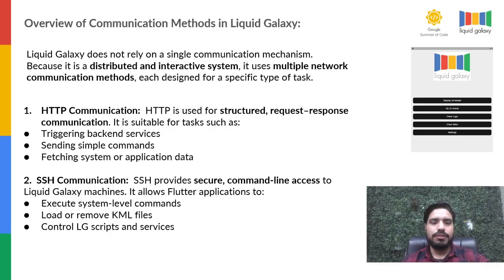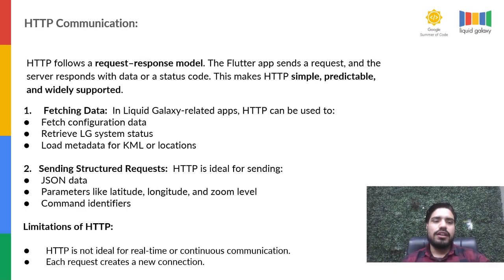Let's start with HTTP communication. So HTTP follows the request-response model. The Flutter app sends a request. The server responds with the data or status code. This makes HTTP simple, predictable, and widely supported.